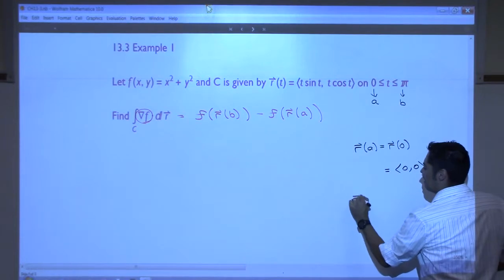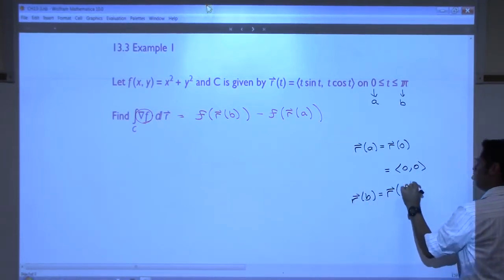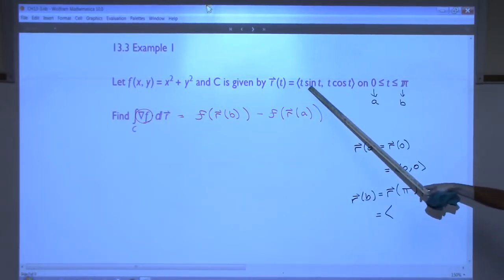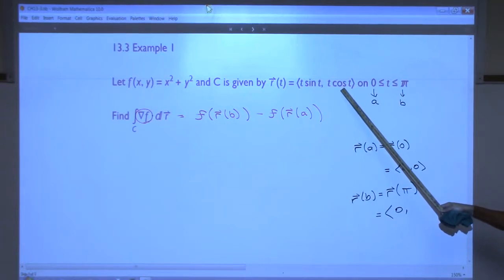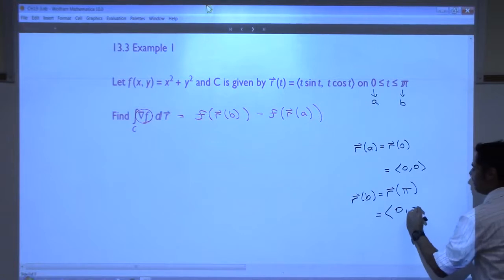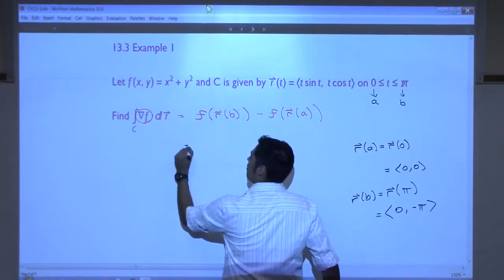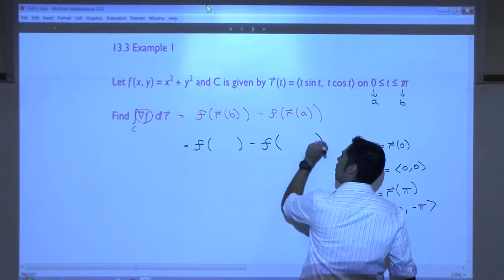Let's figure out what r of b is. That's r of pi, which would give me what? Sine of pi is 0. So this is 0, and then pi times cosine of pi. Cosine of pi is -1. So we get negative pi. So according to the fundamental theorem of line integrals, this is just equal to f evaluated at one endpoint minus f evaluated at the other.